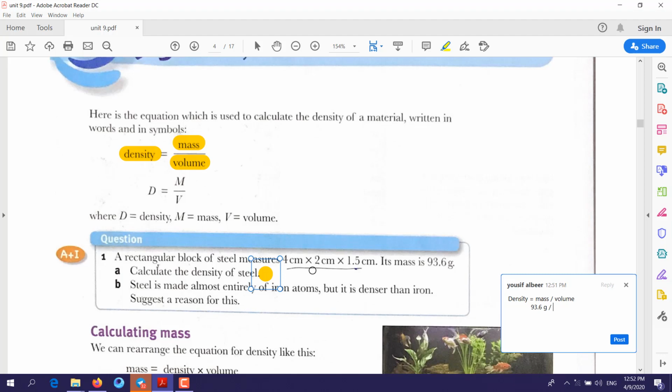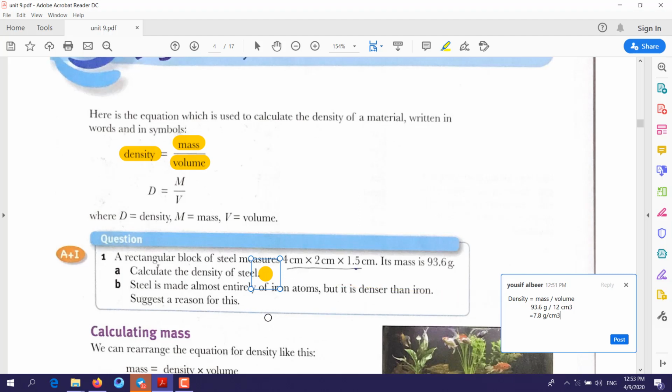So if you multiply 4 times 2 times 1.5, the answer will be 12 cubic centimeter. Now, if you divide 93.6 by 12, you will get the answer 7.8 gram per cubic centimeter.